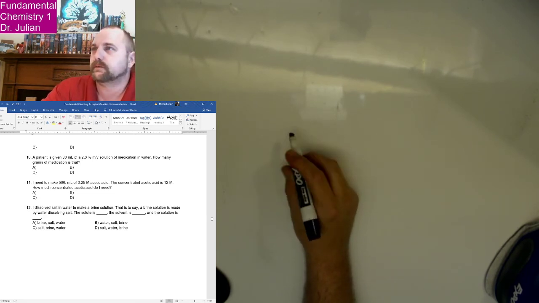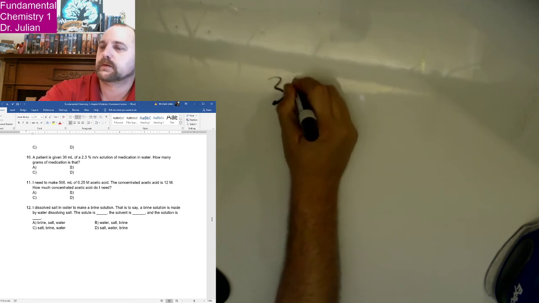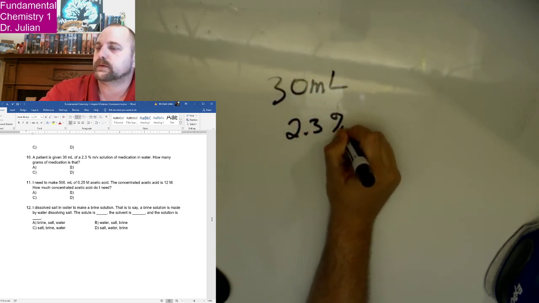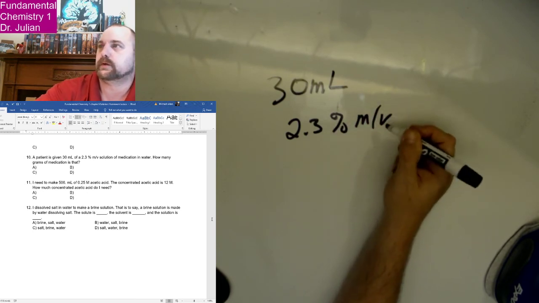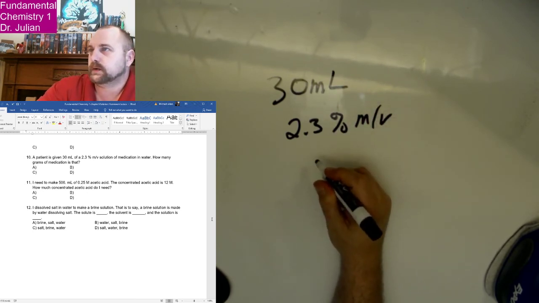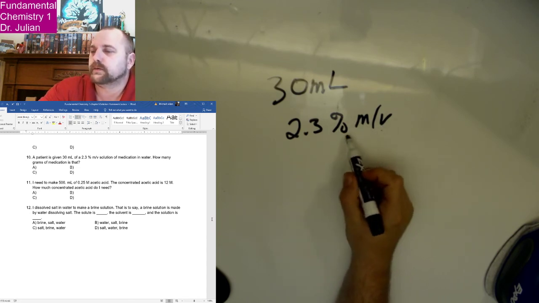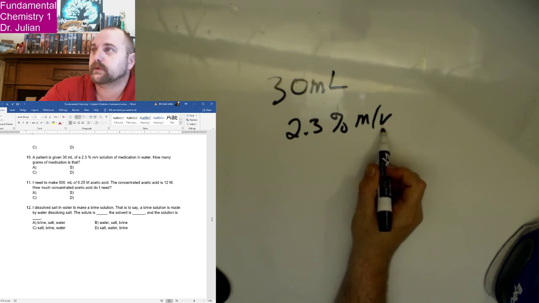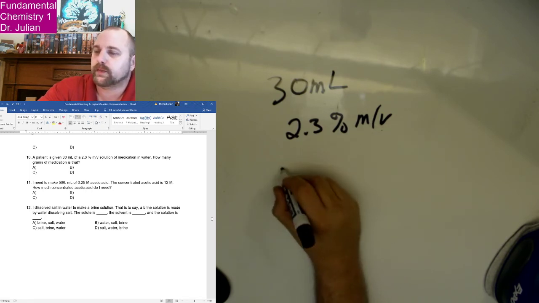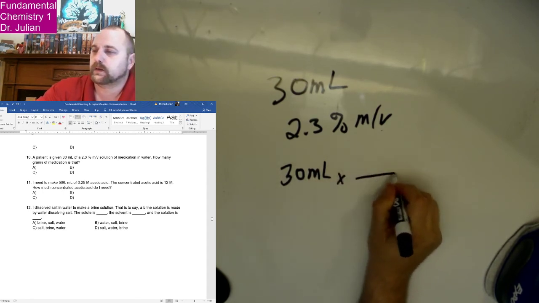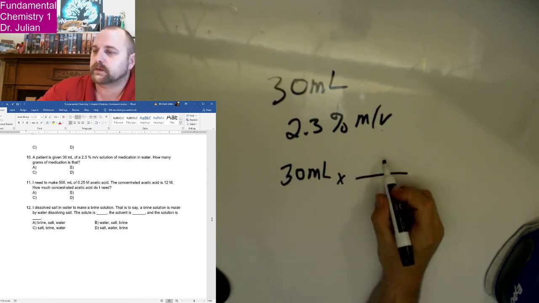All right, so 10. A patient is given 30 milliliters of a 2.3% mass by volume solution. How many grams of medication?